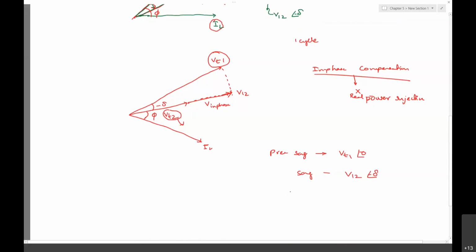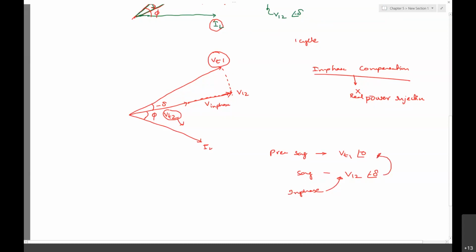If you are doing the in-phase compensation, we have VL2 at an angle of minus delta. Once the fault is cleared, it goes back to the reference of VT1.